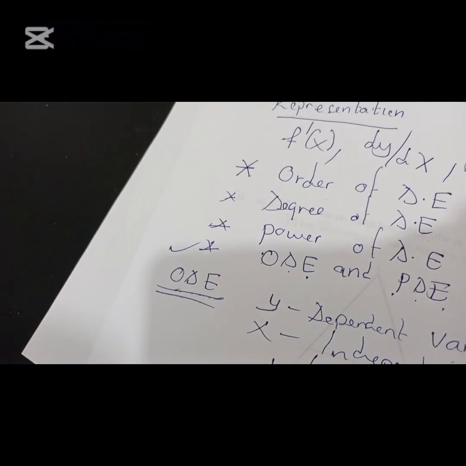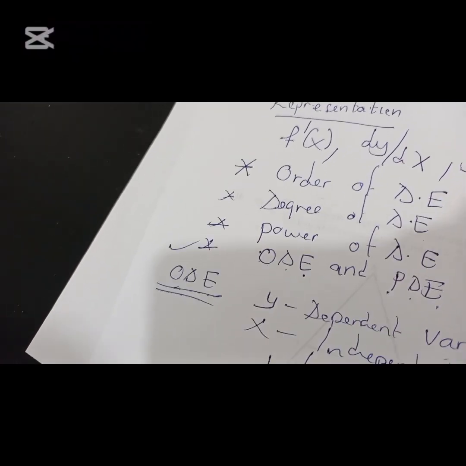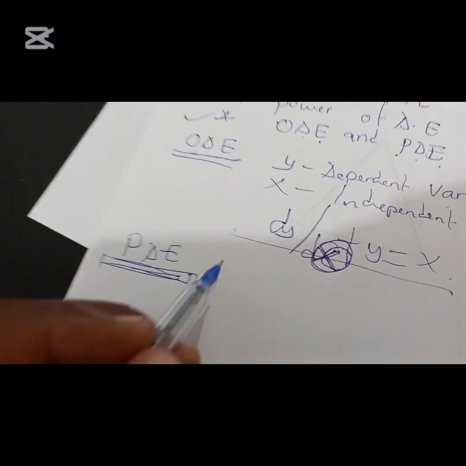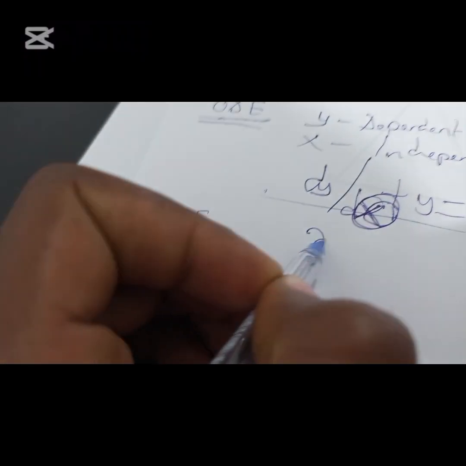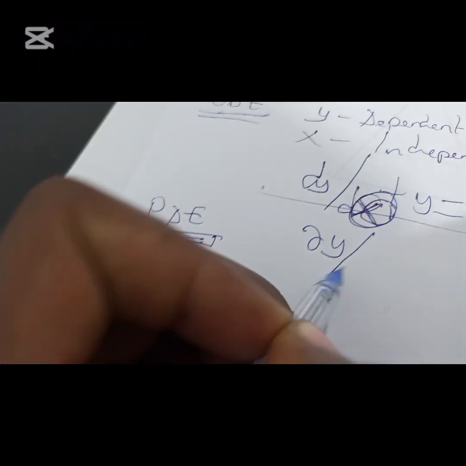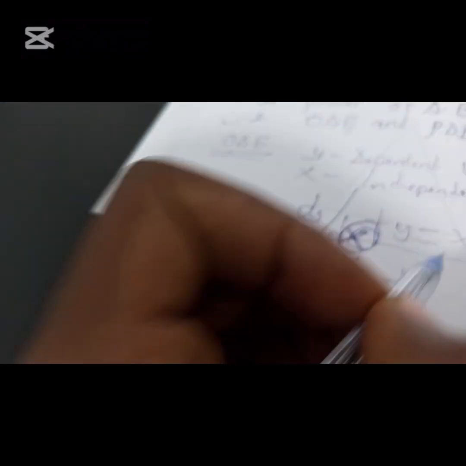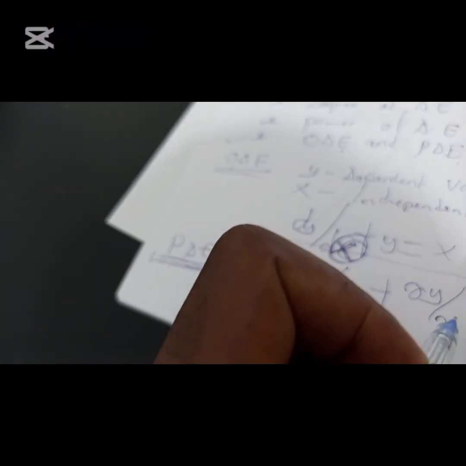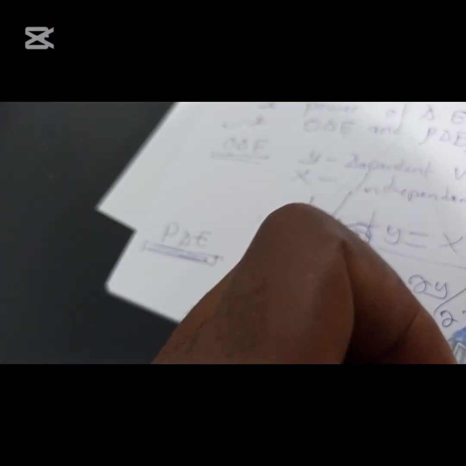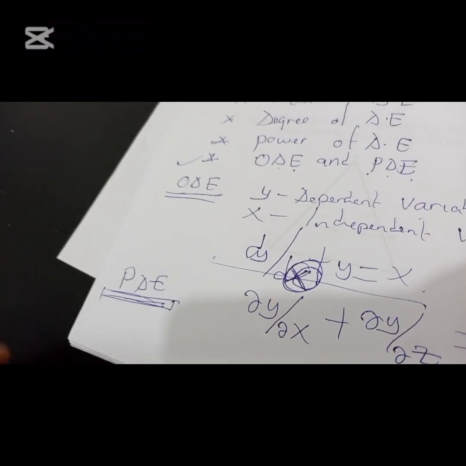We tend to use y, but other people use other letters like z. Let's use y in order to understand. The partial derivative of y with respect to x plus the partial derivative of y with respect to, let's say, z equals 0. This is a partial differential equation.